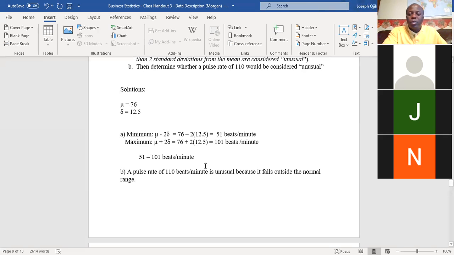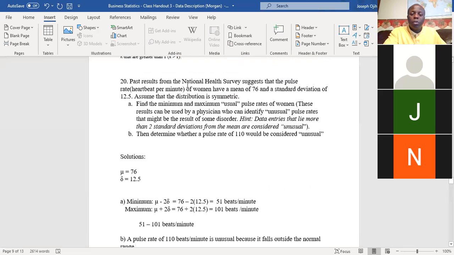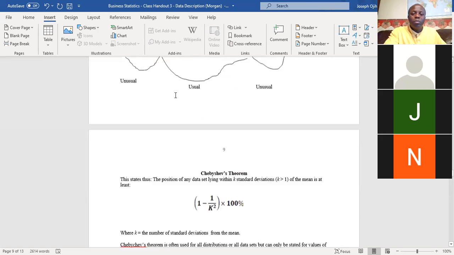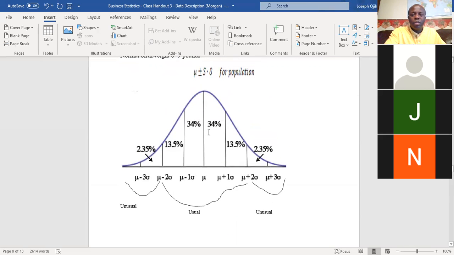So that's one of the ways we use the empirical rule. So we solved question 1, just an application of this principle. Don't forget, the question must say that the data set or distribution is symmetric, bell shaped, or normal.